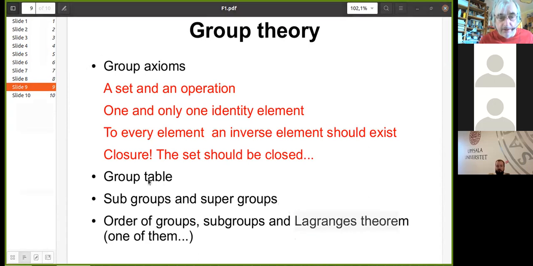Now let's see, where are the... I had a group structure. Do you see my group table here?